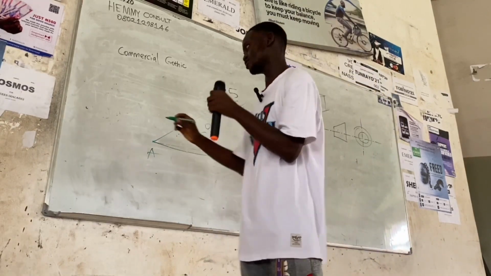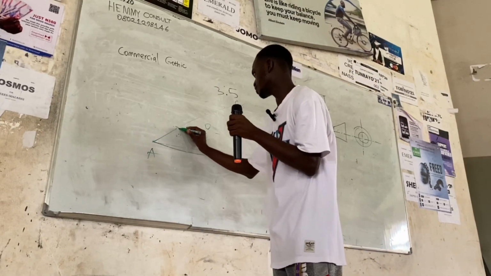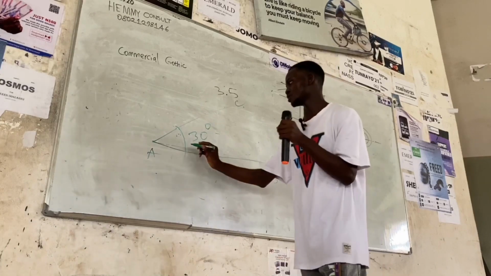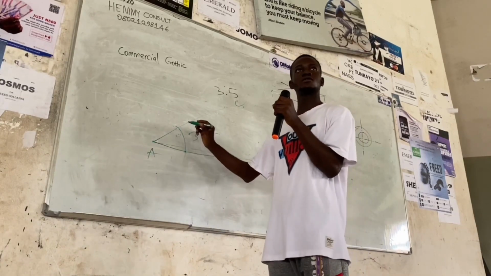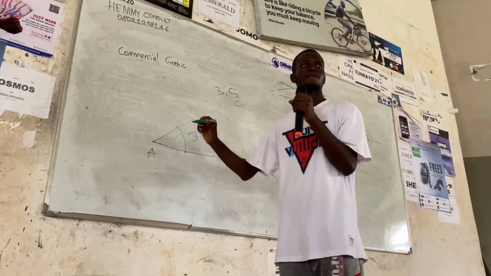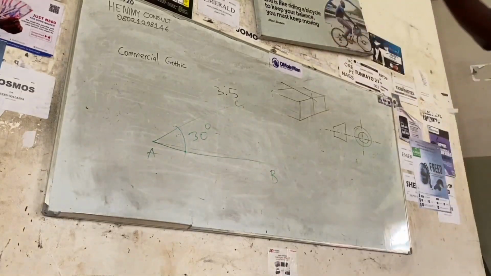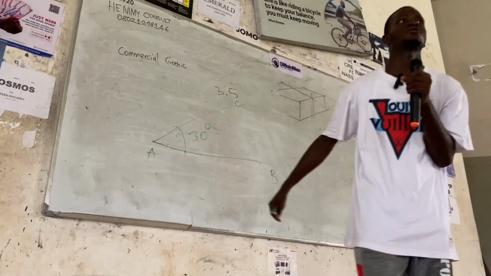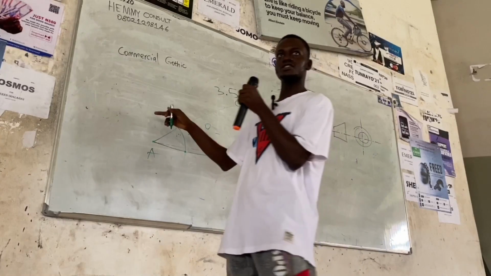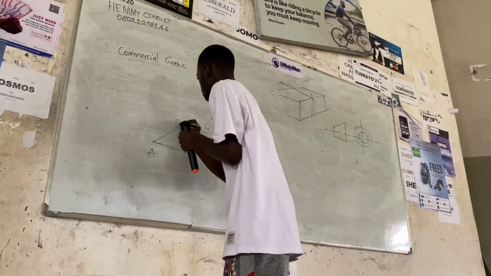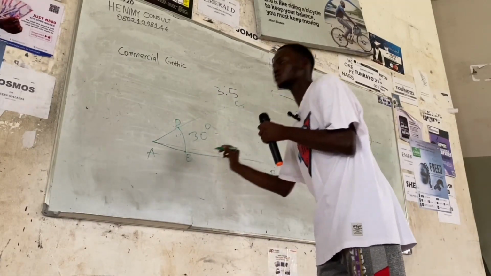You may decide to name the points: D on AC, then this should be E.